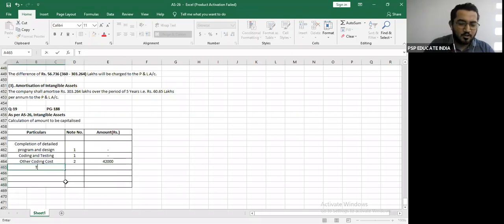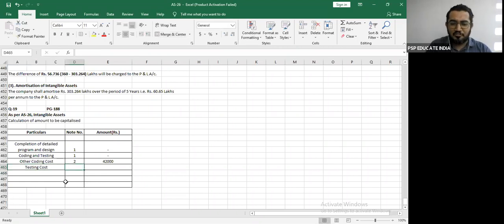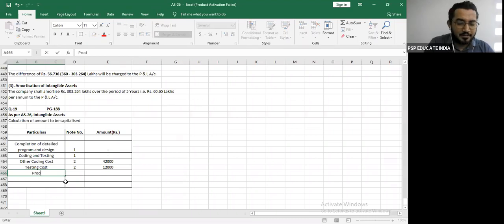Next one, testing cost. Now this is other testing cost. Once your recognition criteria has been satisfied, this will again be capitalized at 12,000. Next is product master for training materials.